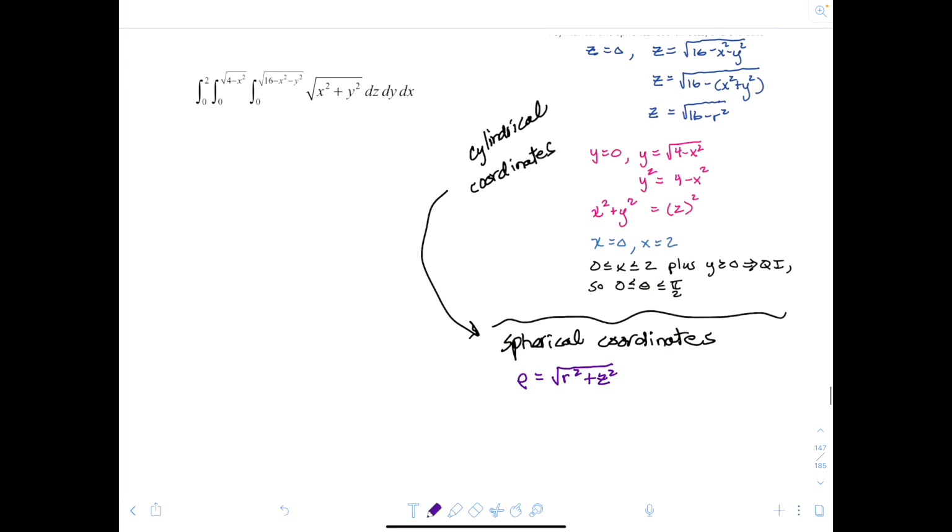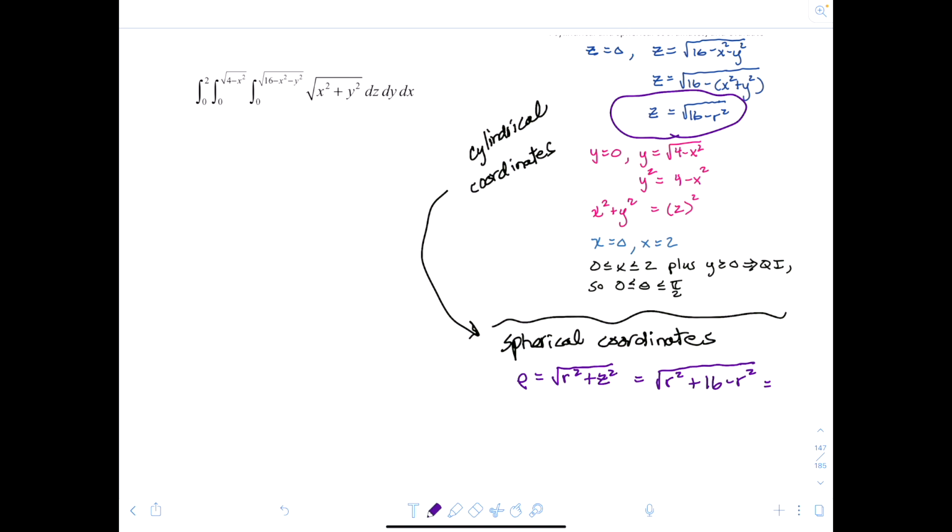So that's going to mean that we will have the square root of r squared plus, actually, I'm sorry, we're looking at this one here. So r squared plus the square root of 16 minus r squared, that whole thing squared. So we would have plus 16 minus r squared, which of course would be the square root of 16, right?